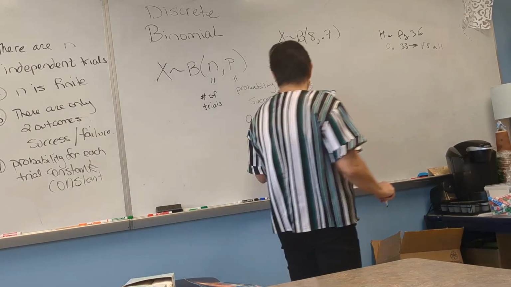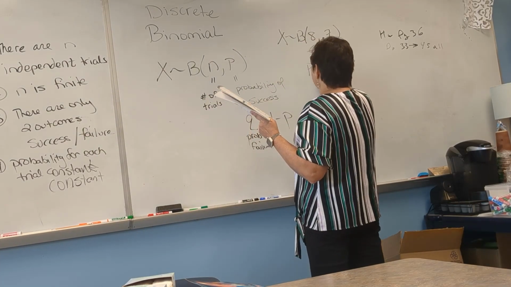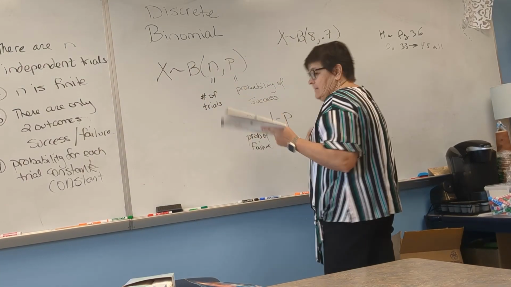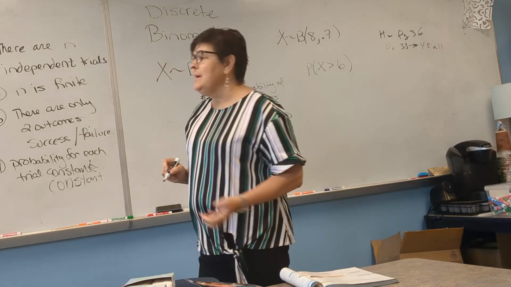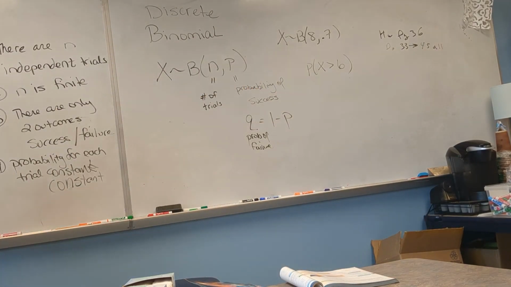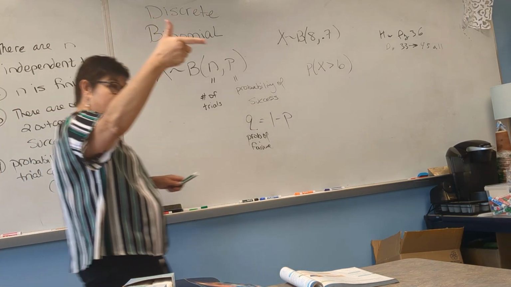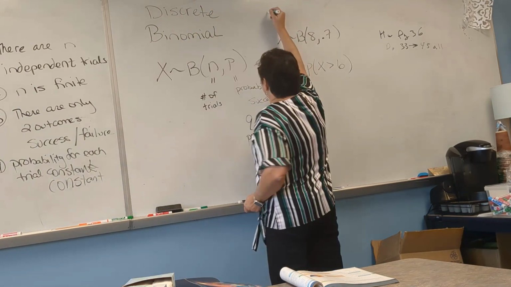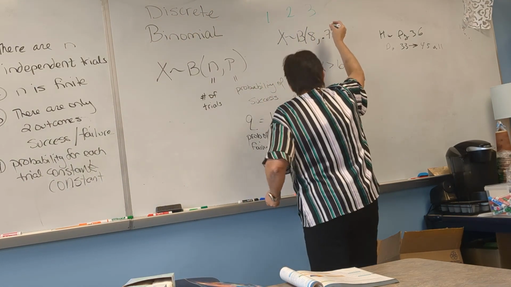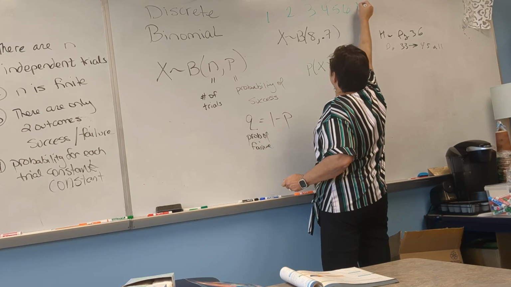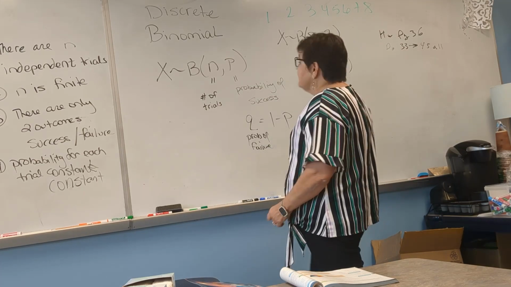Sweet. So I want to know, what is the probability that X is greater than 6? So what are the numbers that make up the number of trials? They are trial 1, 2, 3, all the way up to 8. 1, 2, 3, 4, 5, 6, 7, 8, right?